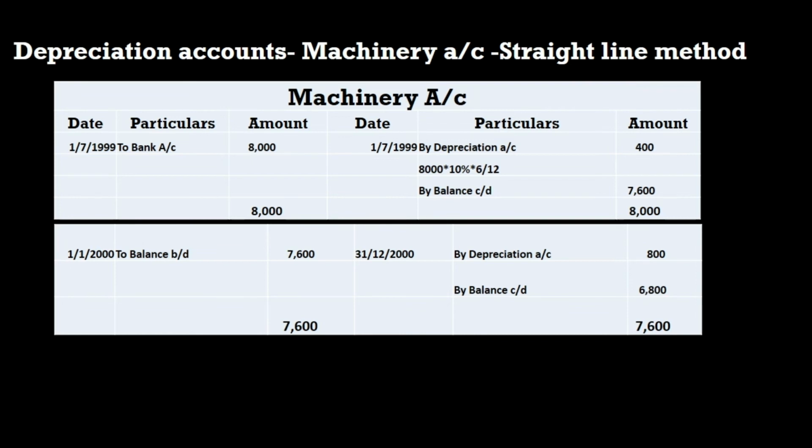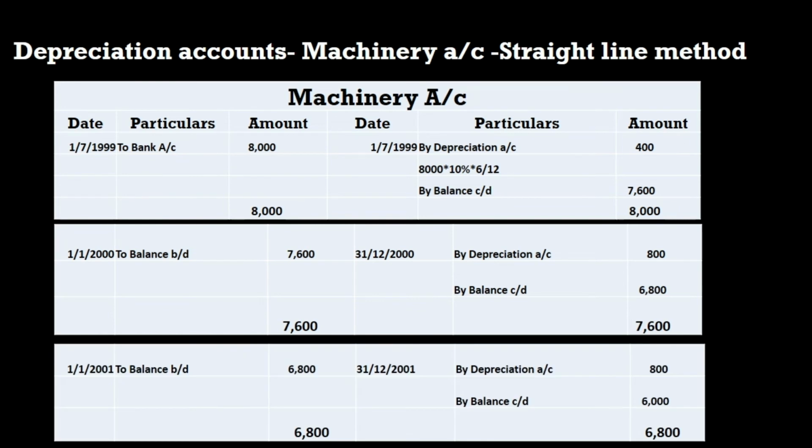This is the second year, the whole year, correct? For the third year, the same 6,800 we put to balance, and for that year ending December 31st, the same calculation, 8,000 into 10 percent, same value 800 will come.